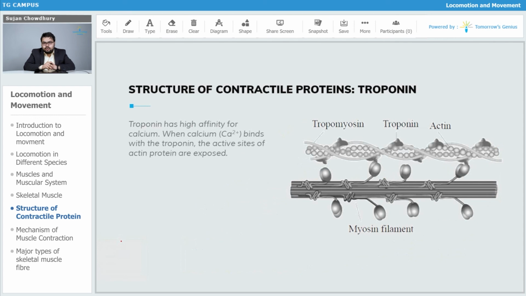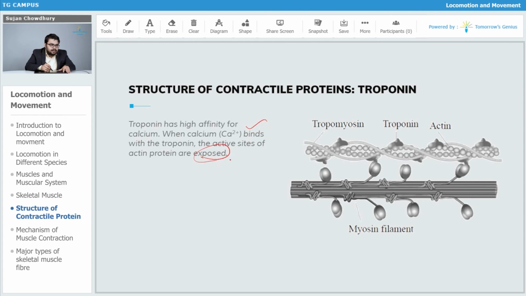Let us continue to understand the structure of muscle fibers. So yes, we have the contractile proteins which are troponins. The troponins have high affinity for calcium, like you have already seen. When calcium binds with the troponin, the active sites of actin protein are exposed. So for exposure of the active sites of actin, calcium needs to bind with the troponin.